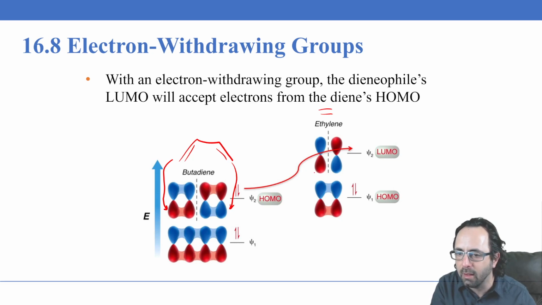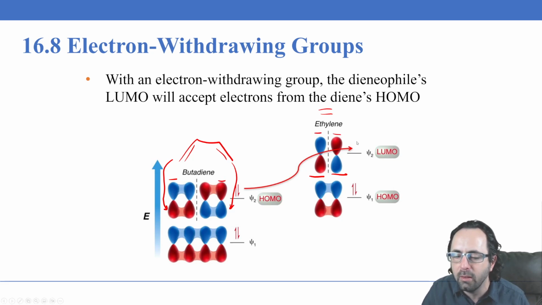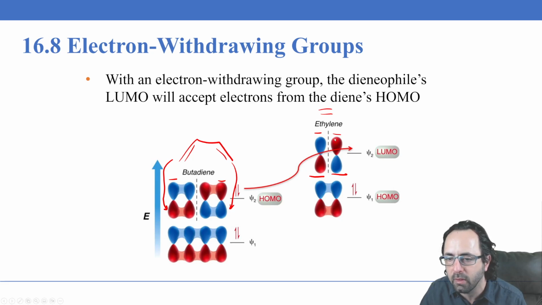And you can see in the LUMO, also, there's a red orbital on the bottom and a blue orbital on the bottom. And likewise here, blue orbital on the top, red orbital on the top. So these align, and so these p orbitals can now interact.